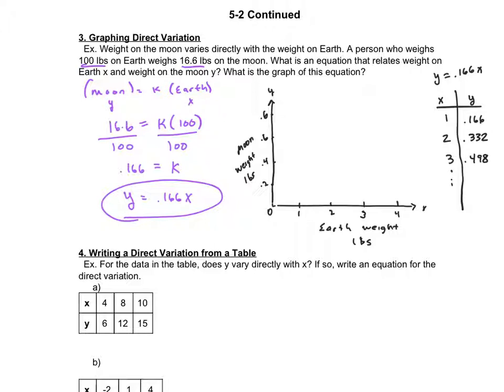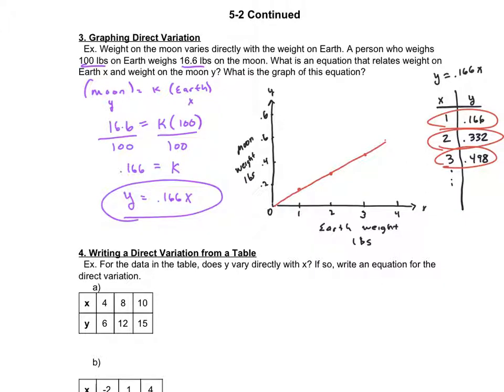So here we go, graphing 1 and 0.166 is going to be about right there. Graphing 2 and 0.332 is going to be about there. And then graphing 3 and almost 0.5 is going to put me about right there. So now we have a direct variation.